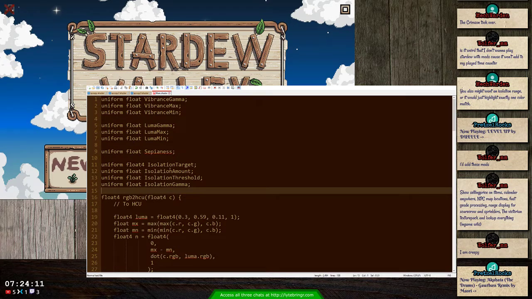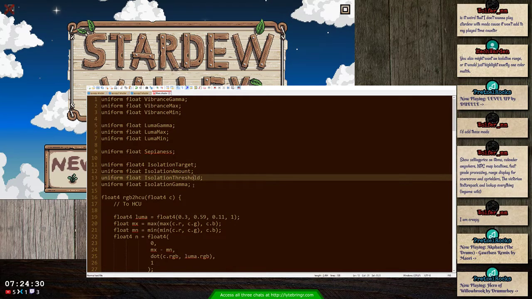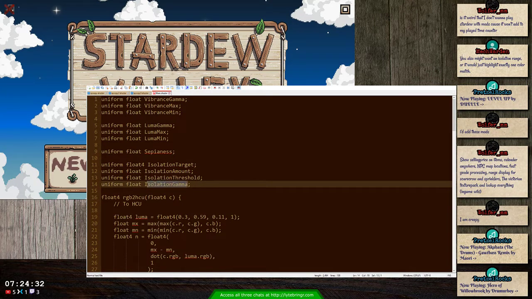And so 0 isolation will be just leave it alone. 1 isolation is complete desat. Threshold will be how far away you can get before it goes to the exact amount. And then the gamma will be for the curve of the isolation.